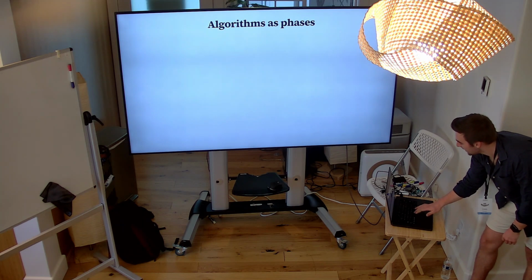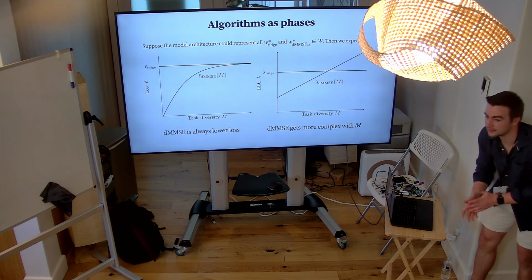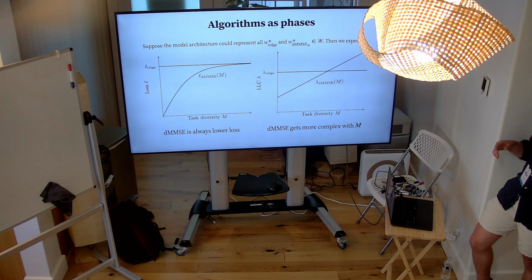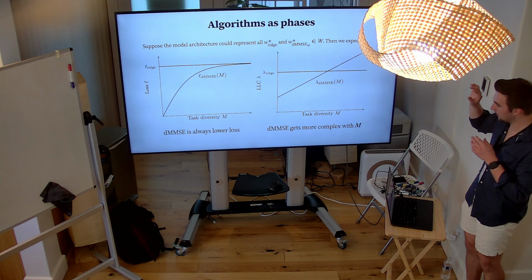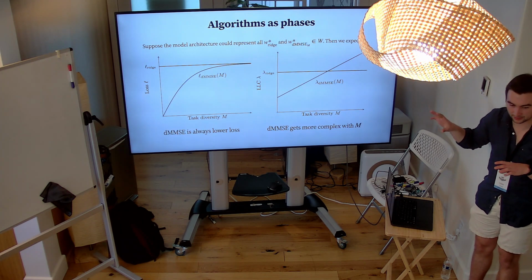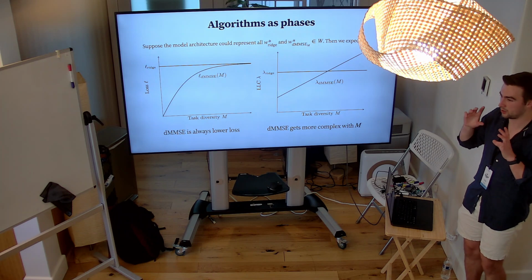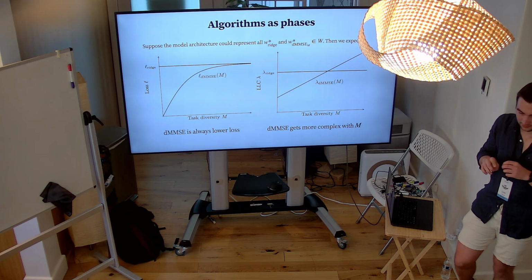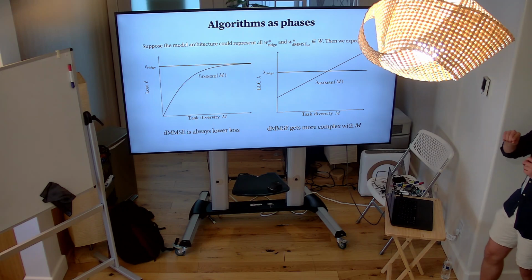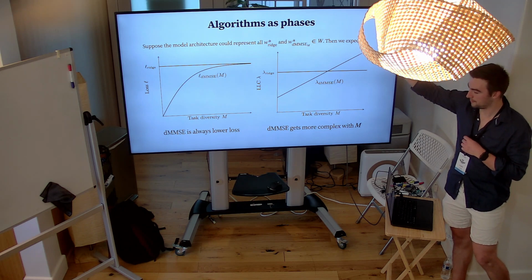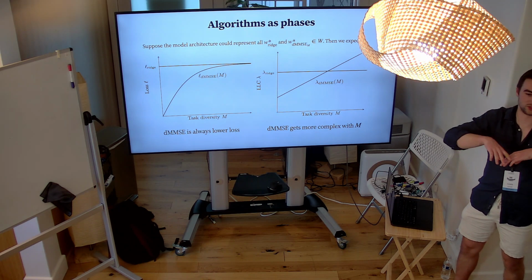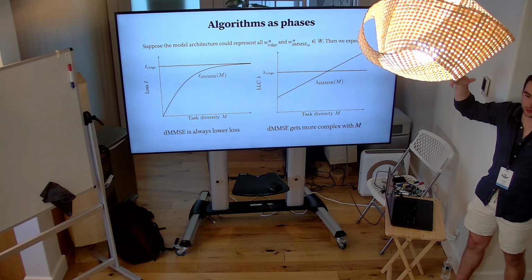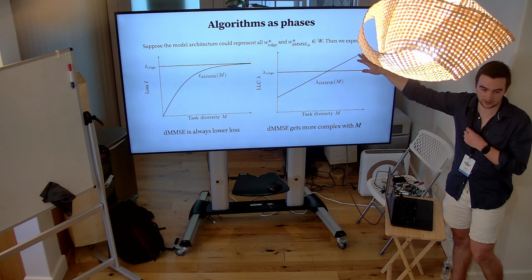Alright. So, how might SLT tell us something about this? Well, if we just sat down and thought about it for a sec, suppose that our model architecture was just so big, so good that it could represent both of these algorithms perfectly.